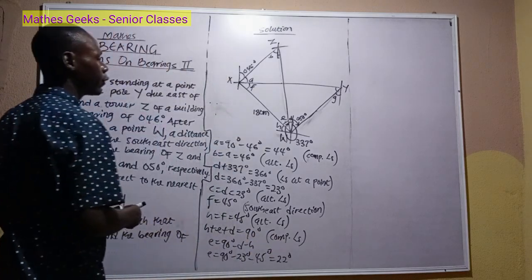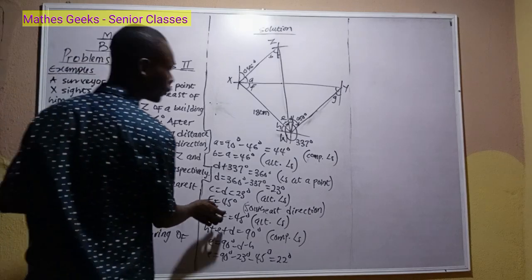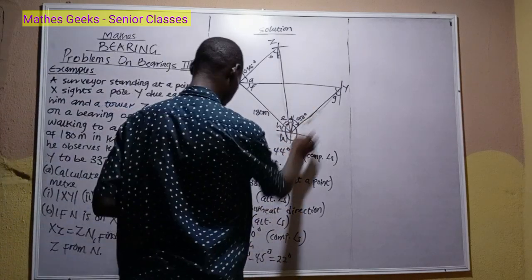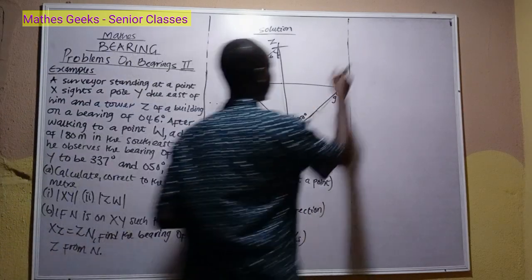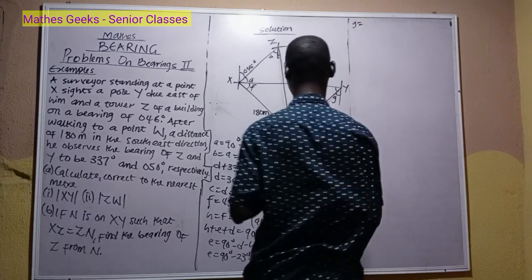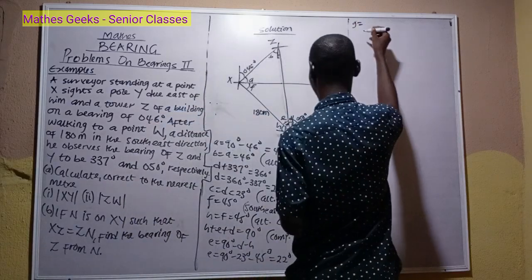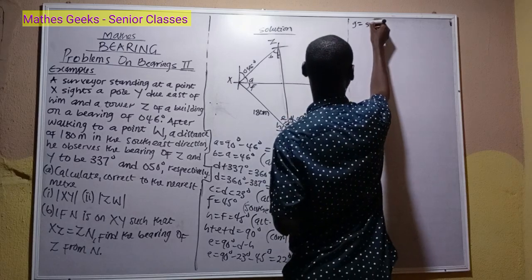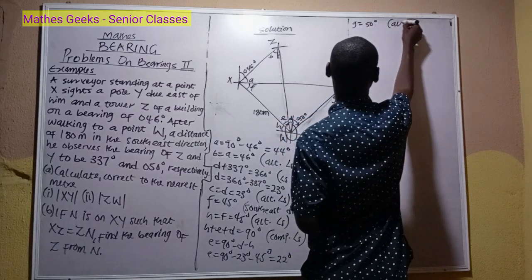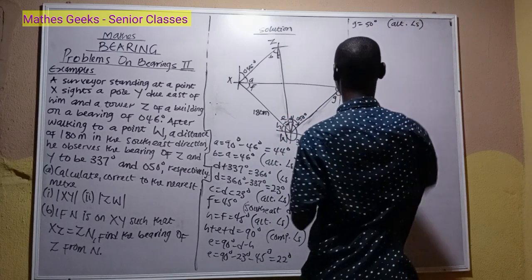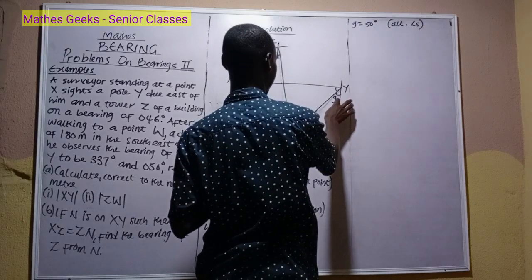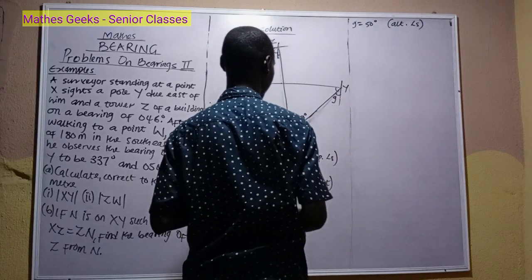What do we have left? We have to look for G. So G is equal to 50 degrees. Why? Alternate angles. So this angle is alternate to this angle, G.